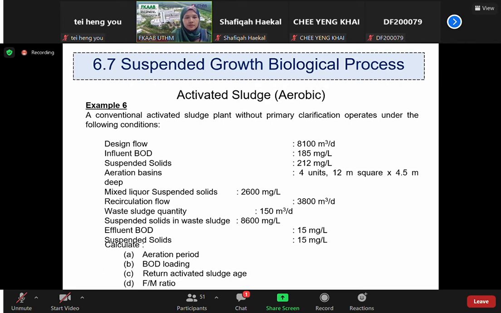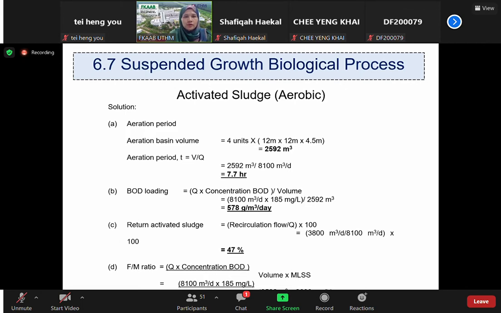So in here you can calculate the aeration period, BOD loading, return activated sludge, WAS, food and microorganism ratio. Ini as dia punya feeding ya. We also can calculate the suspended solid and BOD removal efficiency and also the sludge age. Okay, quite a long process.